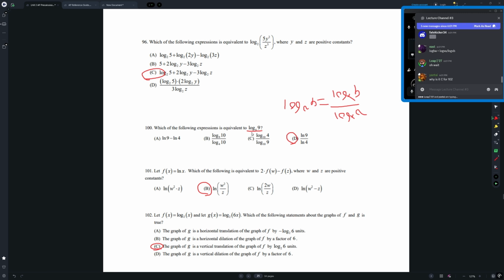And you can use ln as well. So that's why it would be 9 and 4.